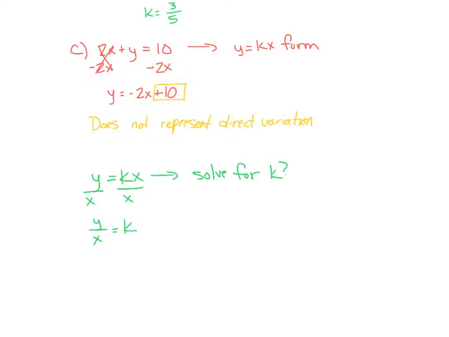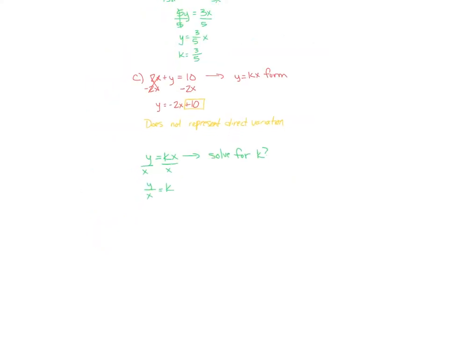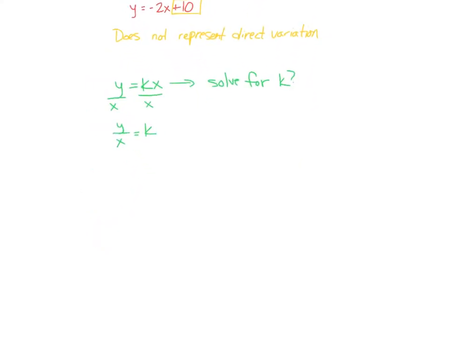We're going to use that when they give us a table and tell us to find the direct variation. Here's x and here's y: x is 1, 3, and 5, and y is 6, 18, and 30.